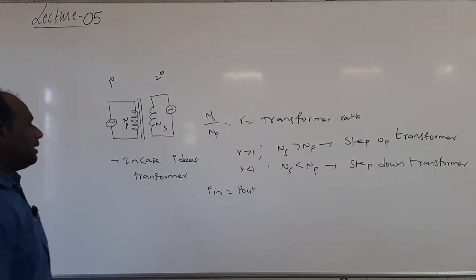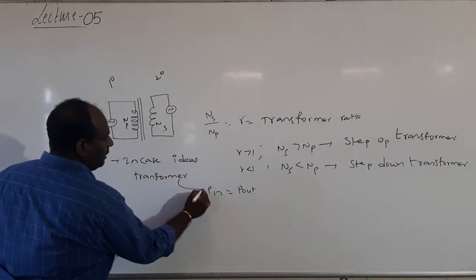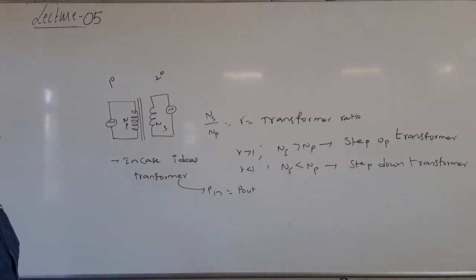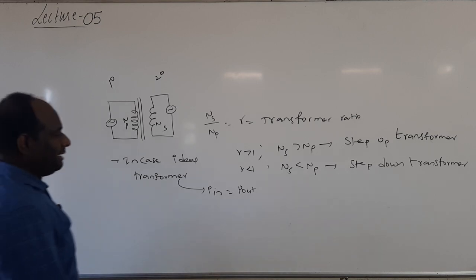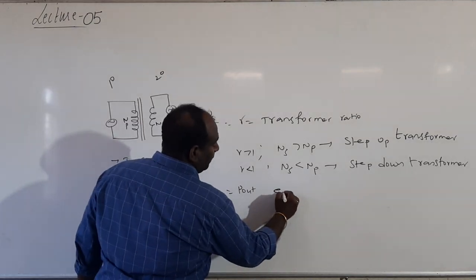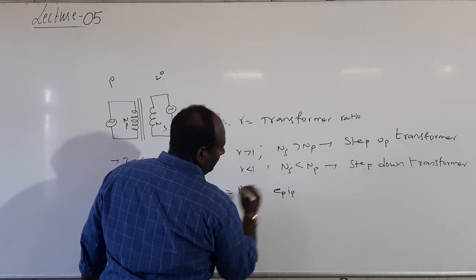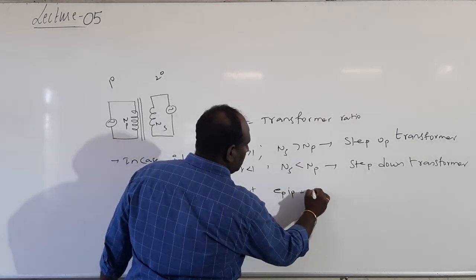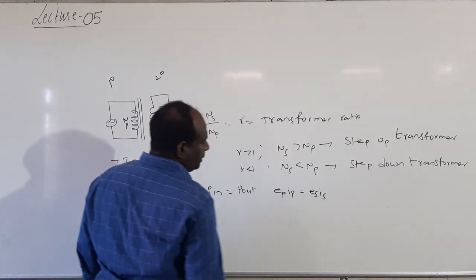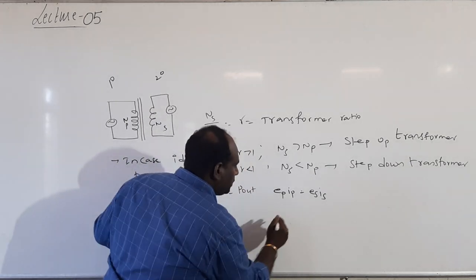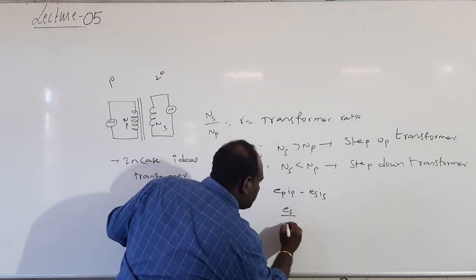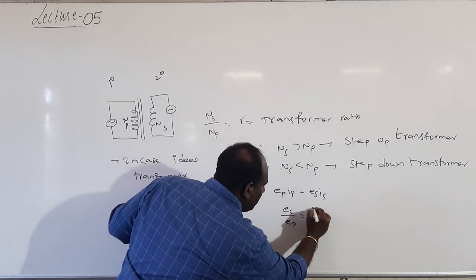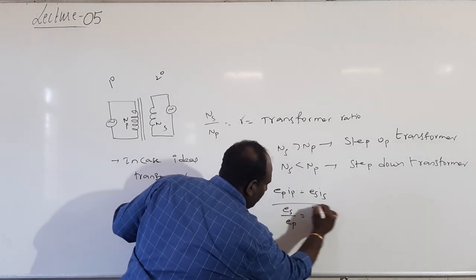What is meant by ideal transformer? There is no power loss. That means input power equals output power. Input power I can write as Ep into Ip. Output power is equal to Es into Is. So if you take the current ratio, Es by Ep equal to Ip by Is.